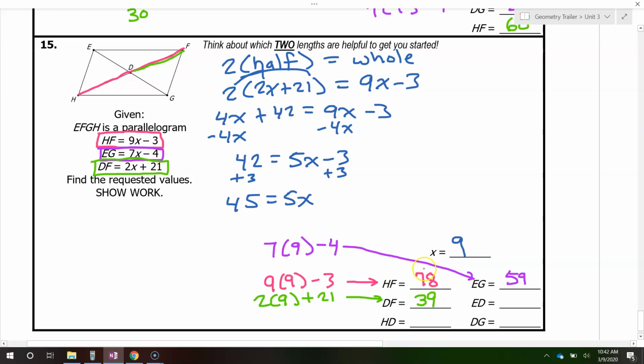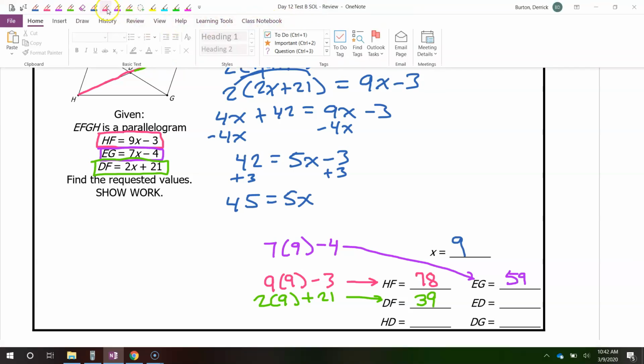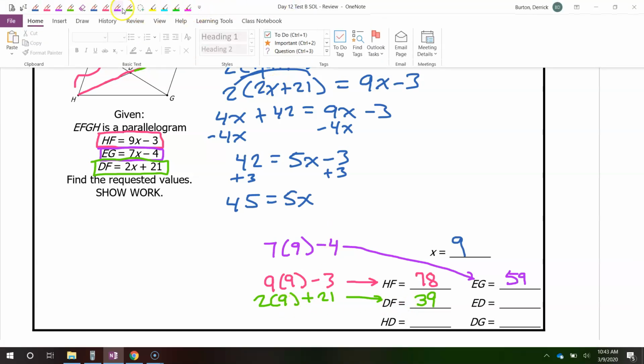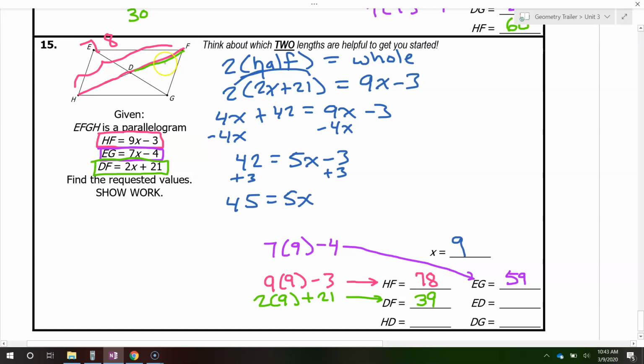All right, let's get a couple of these things into the picture, and that will help us see what else is going on. So, for example, 78. 78 is this whole distance right there. That is the red, that is 78. I found DF using the formula that they gave me, and that came out to be 39.